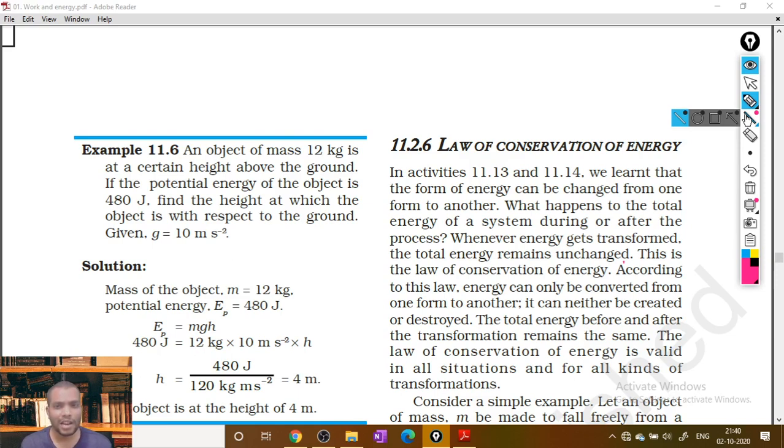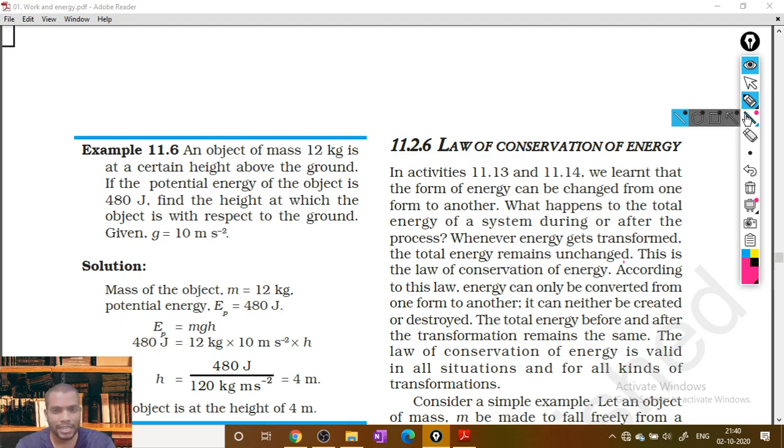Without sunlight, plants cannot prepare food. So what is the energy in the sun? That energy is used by the leaves to generate food. So that is also one example of energy conservation.